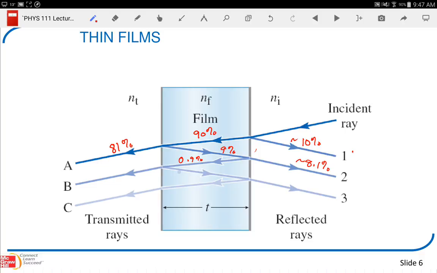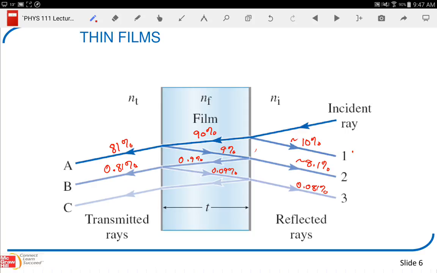And of that 0.9%, 90% is transmitted, so about, we're getting down to small numbers, 0.81% here in beam B, and we have 0.9 times 0.1 is about 0.09% here, and so on.